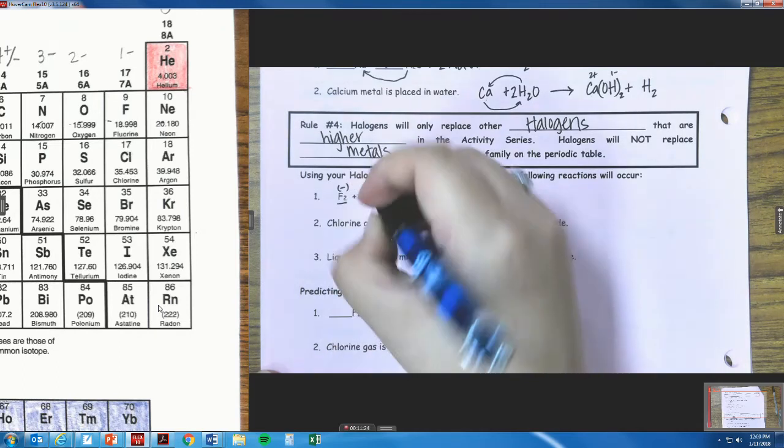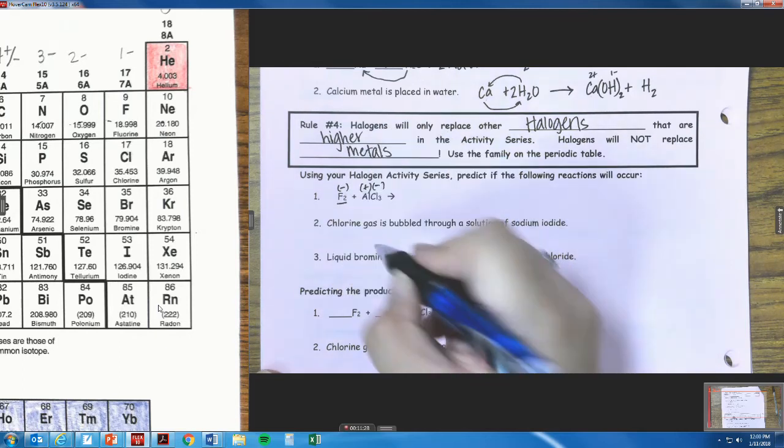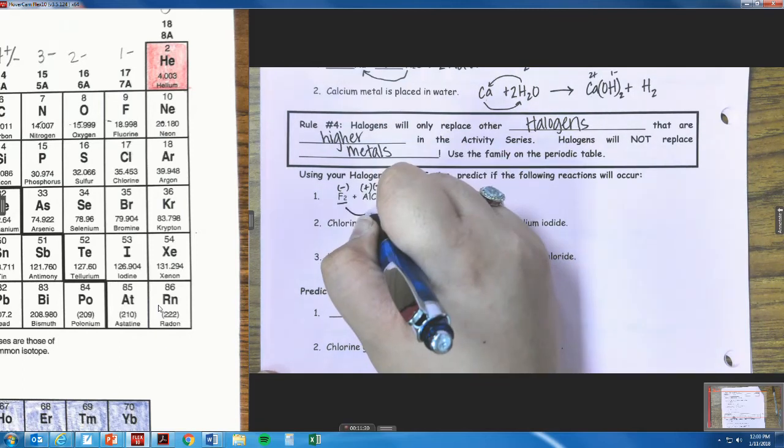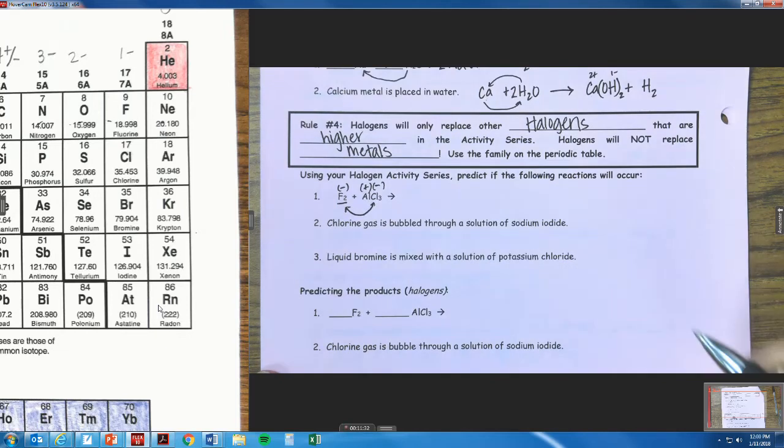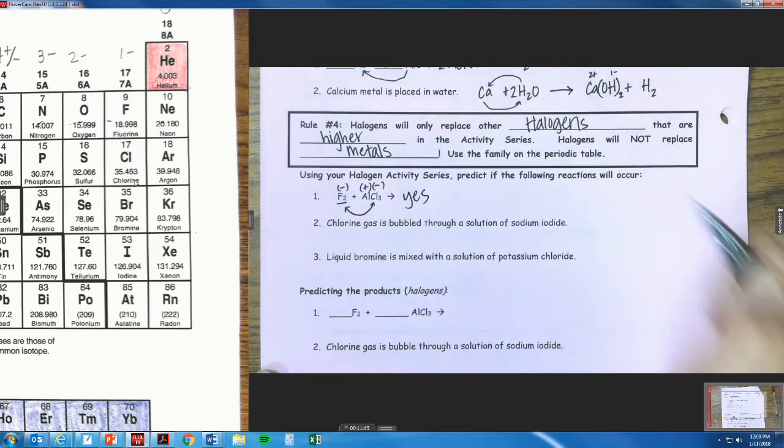It's also positive, so it can't be aluminum. It's going to be chlorine. So chlorine is going to switch places with fluorine. Okay, so we have to check our periodic table. Is fluorine higher than chlorine? Yes, so a reaction is going to occur.